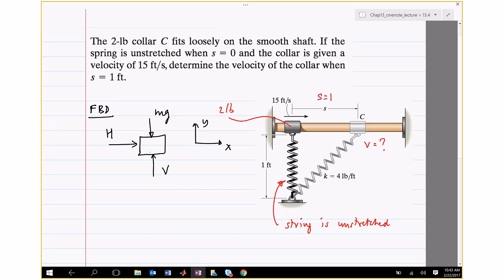So the spring has a force acting in this direction. That's obvious because clearly when you stretch the spring, it's going to create a force. My question to you is this: will there be two forces? There can only be two forces, right? X and Y.